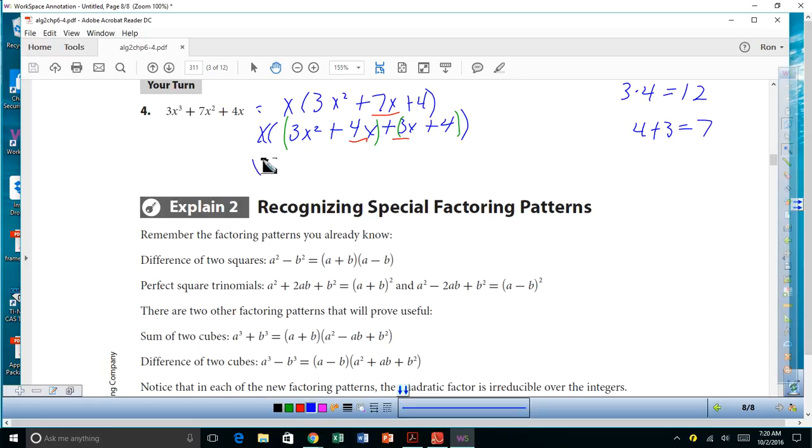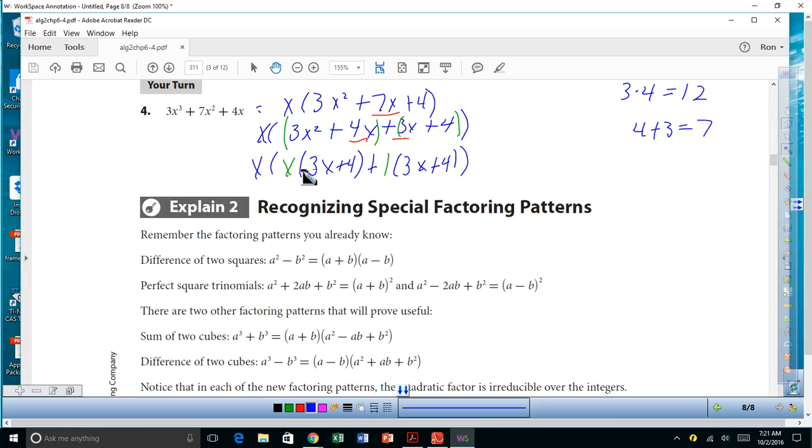So we've got x here, and then what can we pull out of here? They just have an x. That's all they have in common is an x, so let's take the x out. And we have 3x plus 4, plus, and what's the greatest common factor in there? 1. So we've got 1, and then we're left with 3x plus 4.